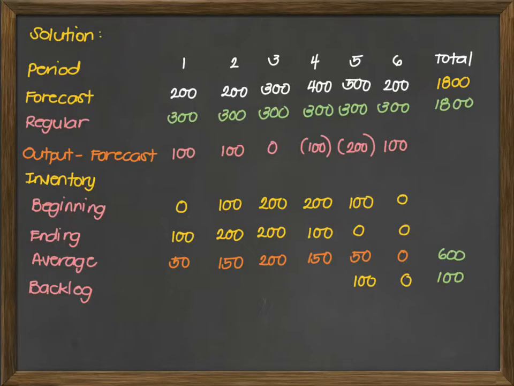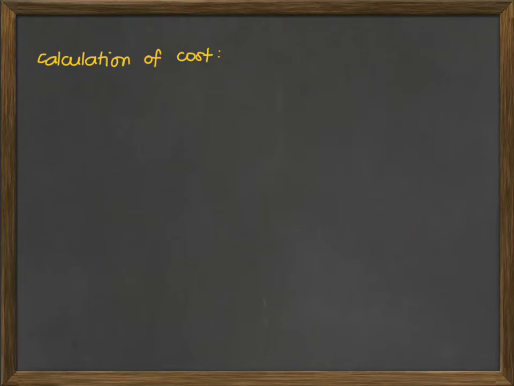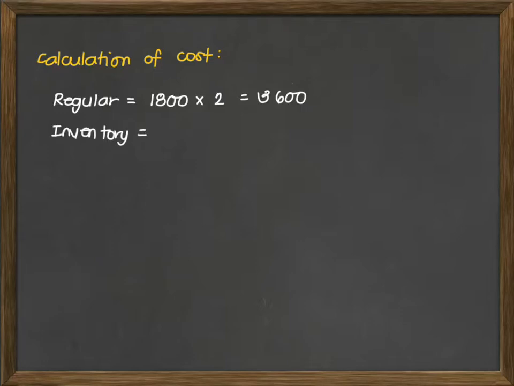So, the next step is to calculate the cost. Ano yung cost ng plan na ito? So, we're just going to get all the sum ng mga key elements natin, which are your regular production, which is 1,800 times 2, kasi yun yung given kanina, $2 per unit daw. So, that gives you 3,600. For your inventory, we have 600 times 1, so that is 600.